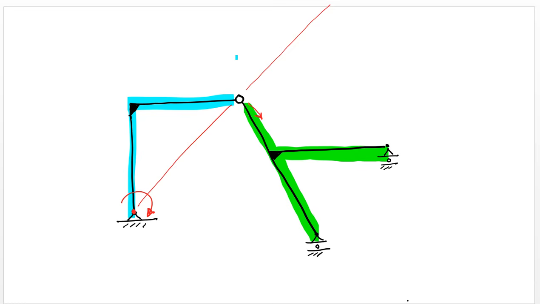Perpendicular to that line. But that represents one constraint for the location of a possible instantaneous center of rotation of the second solid, the one in green. But we have other constraints for where that center of rotation needs to be. Well, it also needs to be along this line.